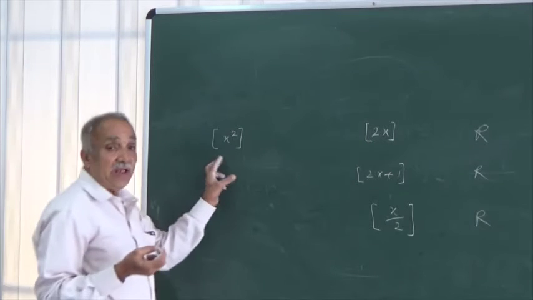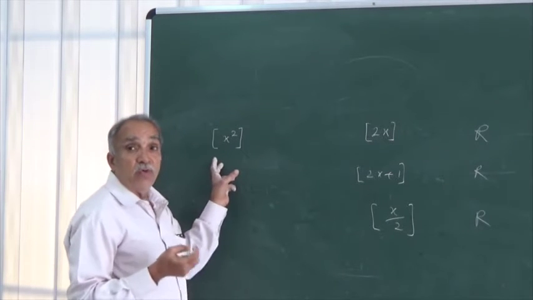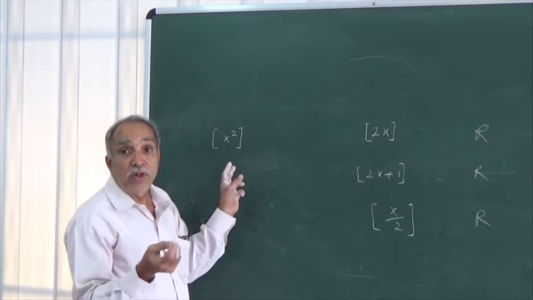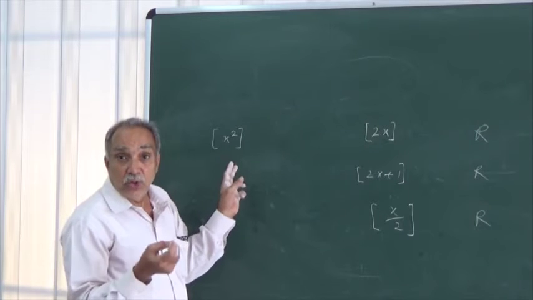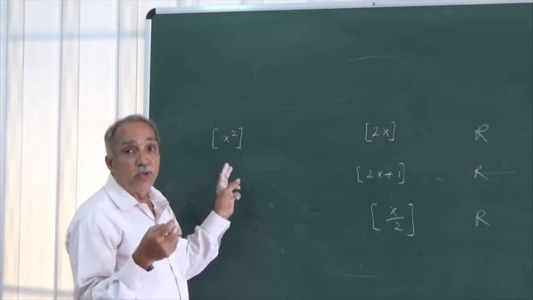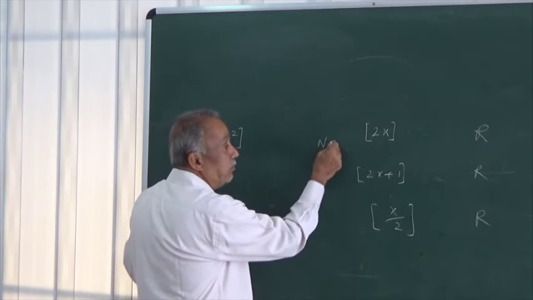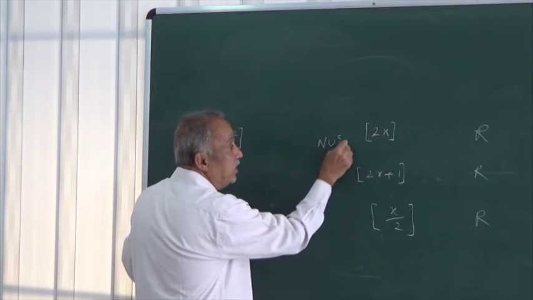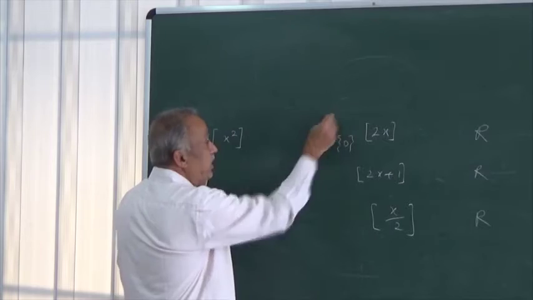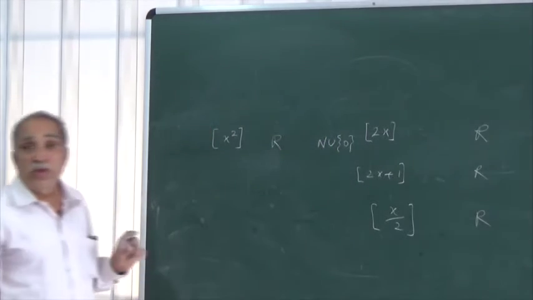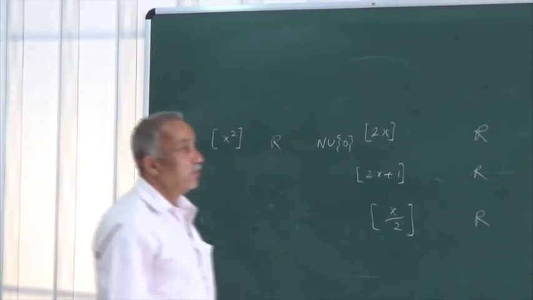So, the only values attainable by this will be the collection of non-negative integers including 0, 0, 1, 2, 3 and so on, or it is the set of all natural numbers together with the integer 0. This will be the range, and domain as before, no change, set of all reals.